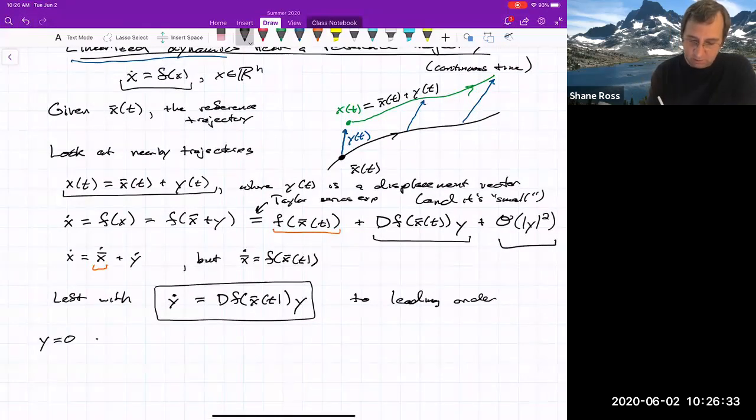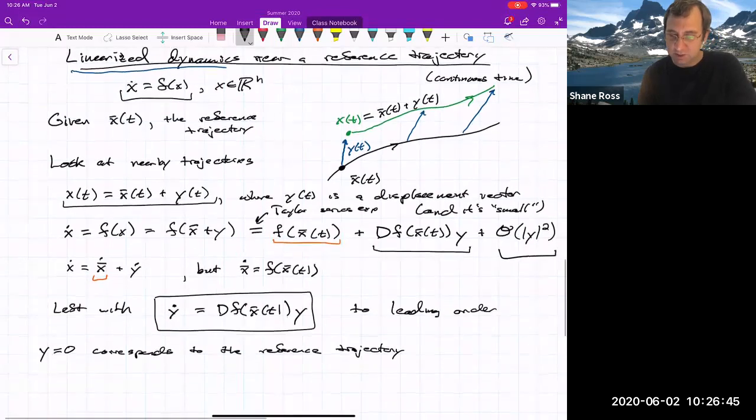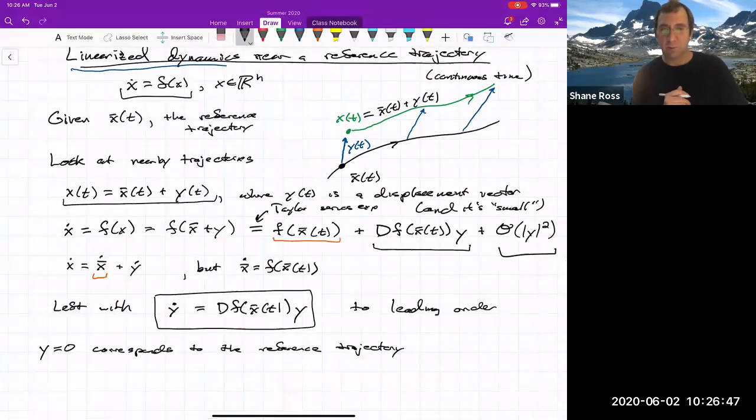y equals 0 corresponds to the reference trajectory. And notice that y equals 0 is an equilibrium point of this dynamical system. This is another dynamical system. It's linear: y dot equals an n by n time-dependent matrix times y. Let's call this equation star. We haven't numbered any equation yet.